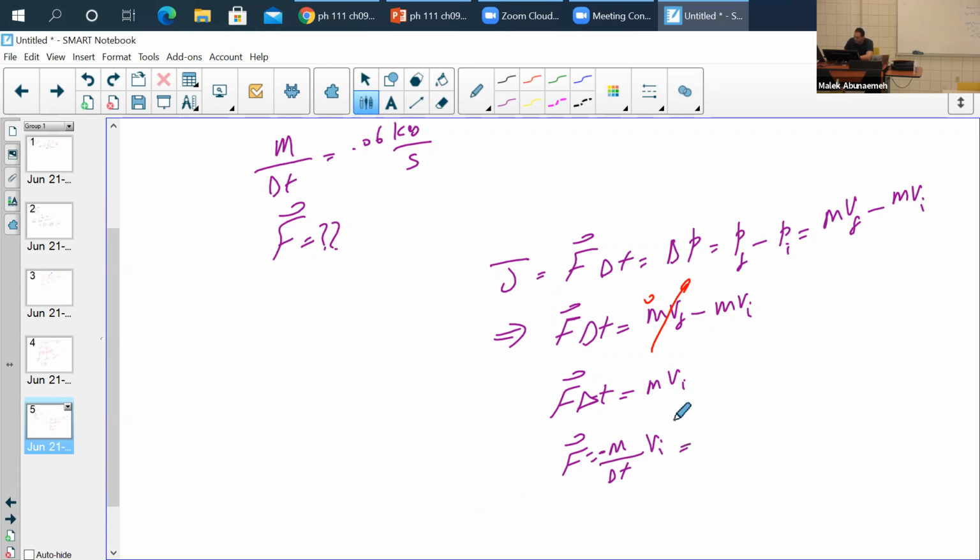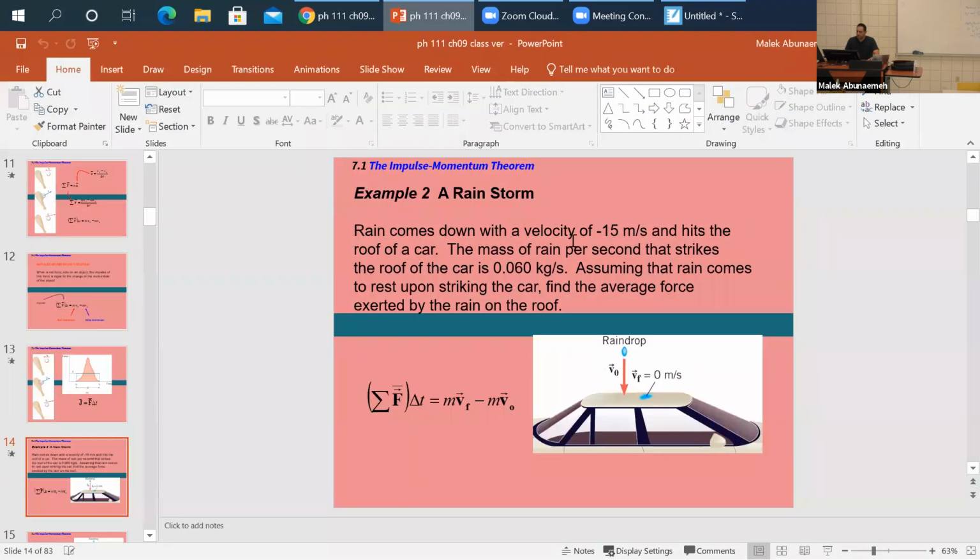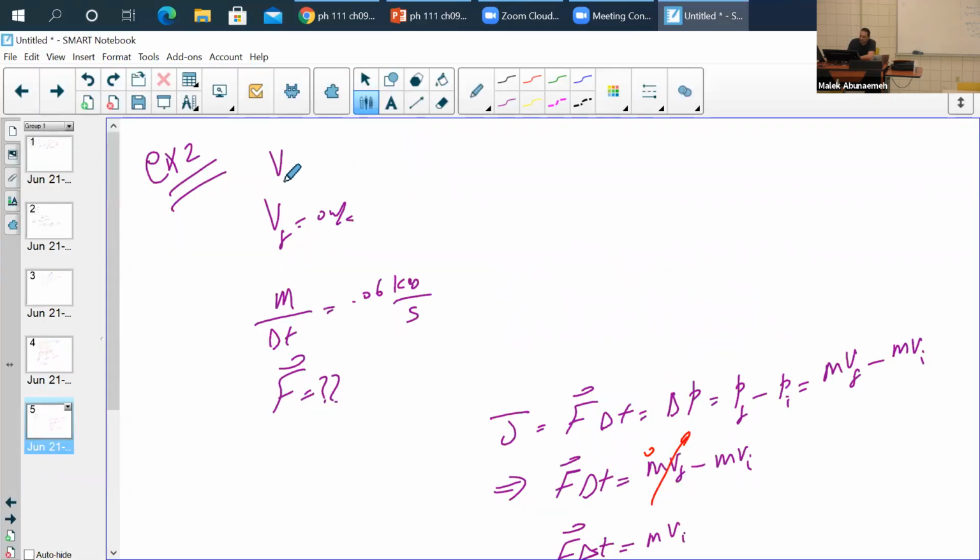So this is going to equal, now M over delta T, we already have it as 0.06 kilograms per second, multiplied by your initial velocity, which was minus 15 meters per second.